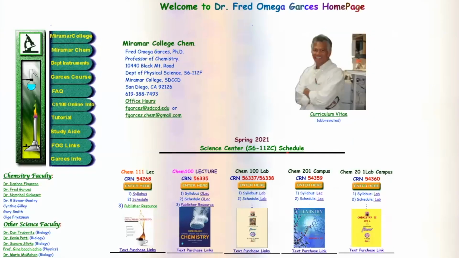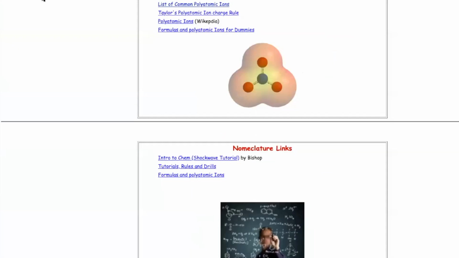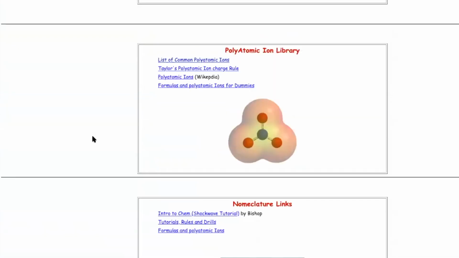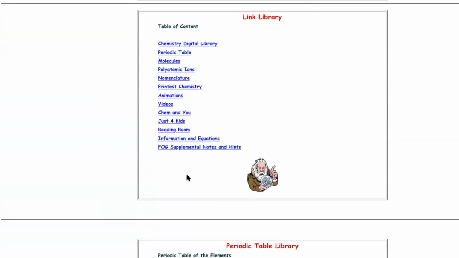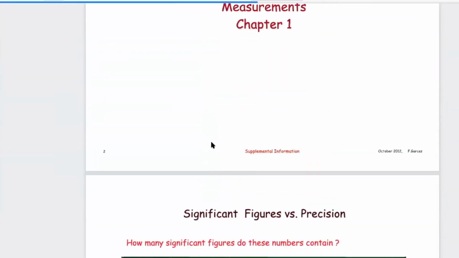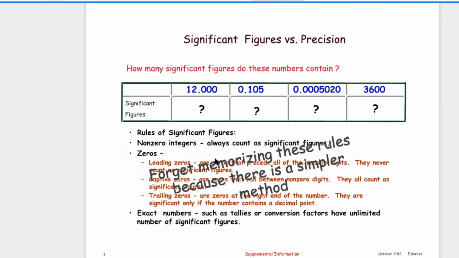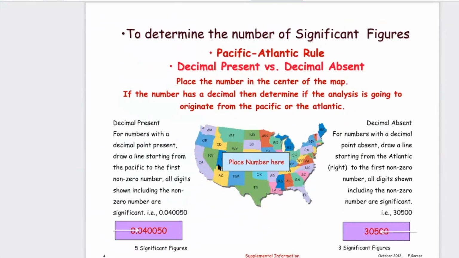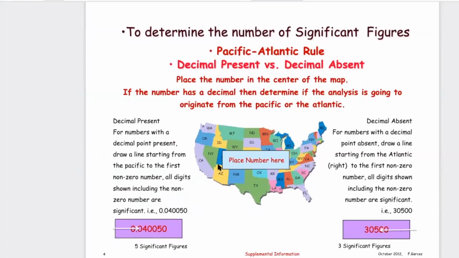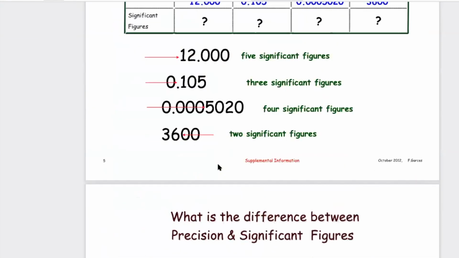If you need the tricks that I've used in our review, then go to this page right here, supplement notes and hints, because this will show you how to use the map of the United States to figure out significant figures.